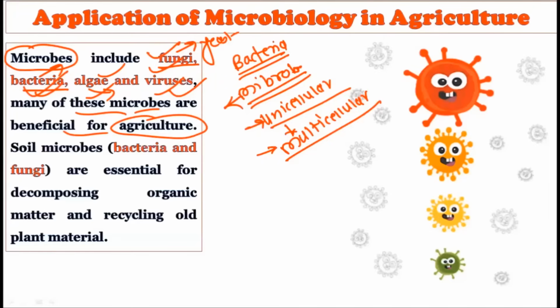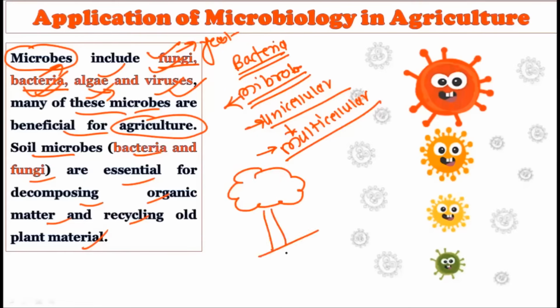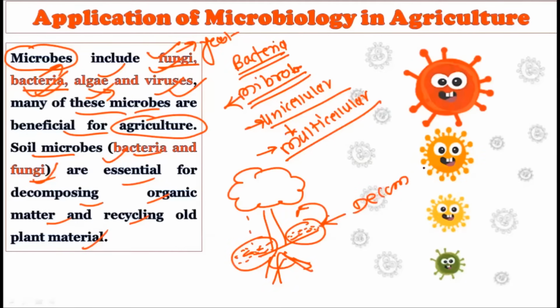For example, soil microbes like bacteria and fungi are essential for decomposing organic matter and recycling old plant material. Generally we see below the plant, at the ground, there is a lot of dead material coming from this plant and landing on the ground. All this dead material cannot be directly reused by the plants, but the bacteria and fungi start to decompose this dead material and convert it into simpler compounds.